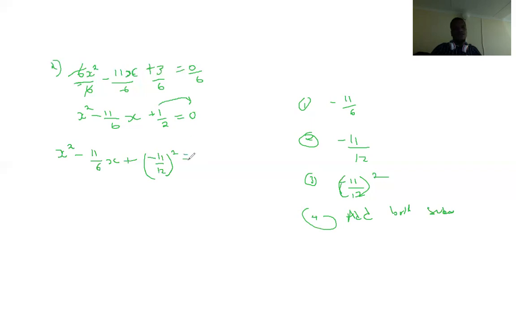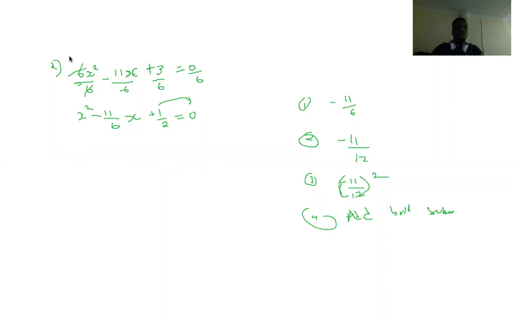If I take it to that side, I will have a negative half on that side, and on this side I will only have these 2. Let me do that in a better way. I don't want to lose people.